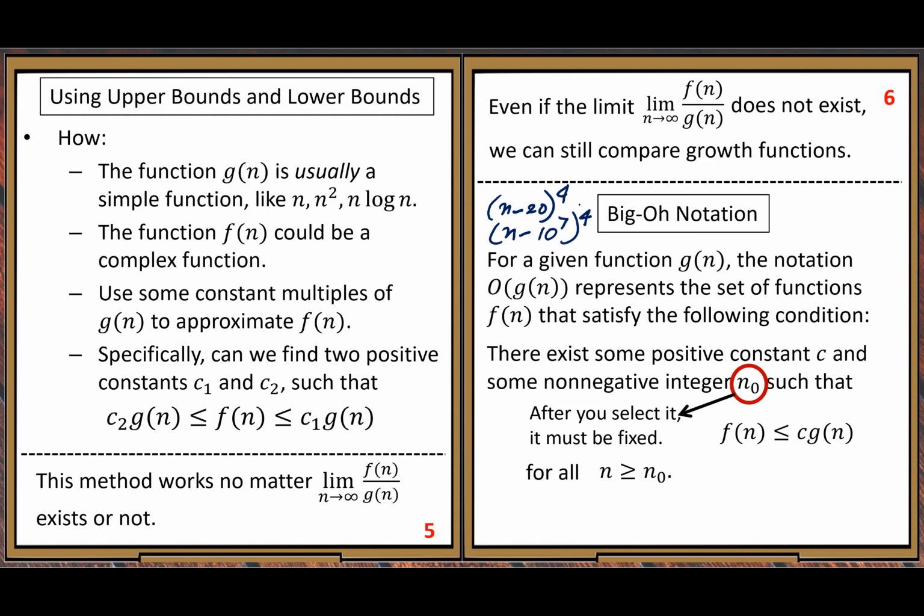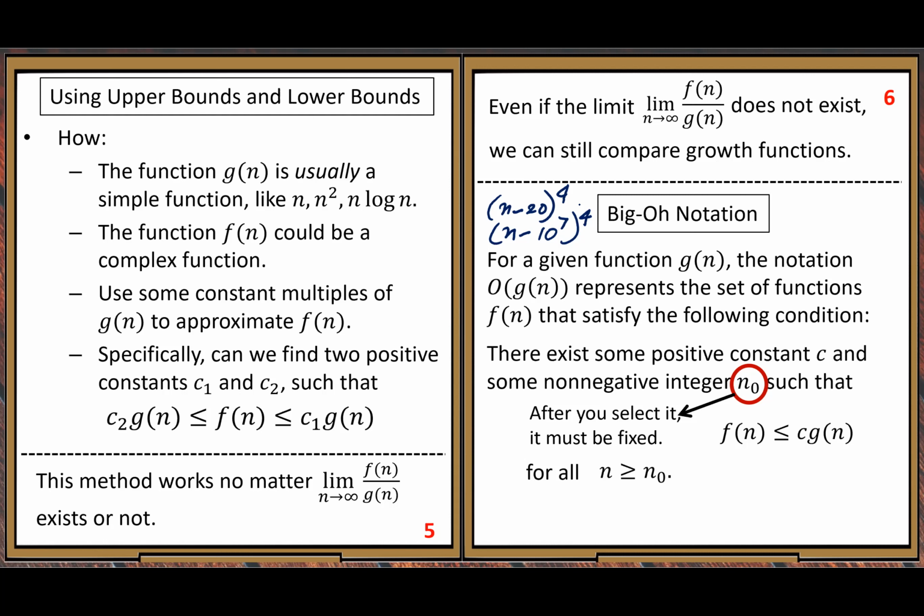In this example, we select 10 to the 7th. So when we select, that means we have freedom to select, right? 20 there, 10 to the 7th here. We have some freedom to select n0. But in your problem, as soon as you select it, you need to fix it.